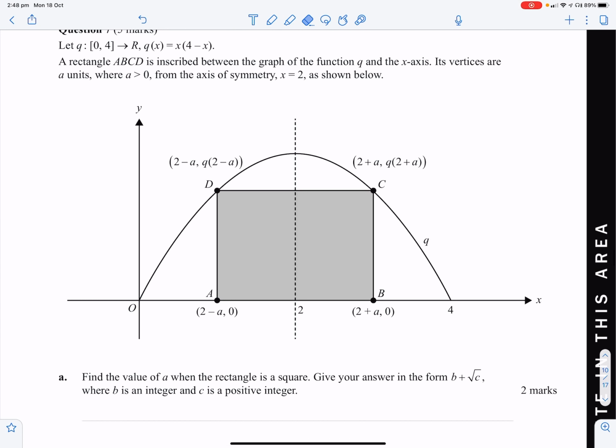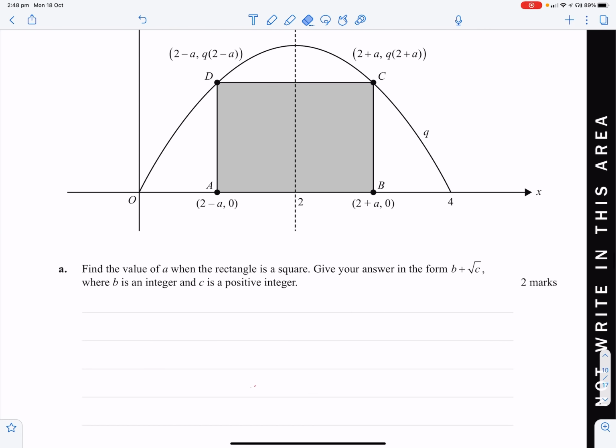Okay, a rectangle is inscribed between the graph of the function q and the x-axis. Its vertices are A units, where A is greater than 0, the axis of symmetry is x equals 2. Find the value of A when the rectangle is a square. Give your answer in that form. Okay, so if we know that's 2 and we're going up A and down A, this bottom length is 2A.